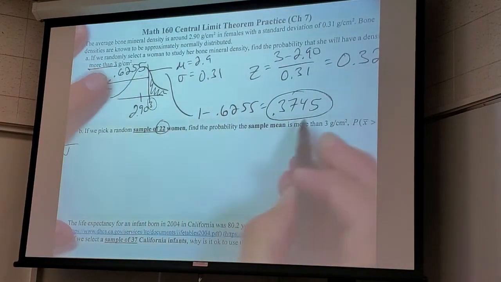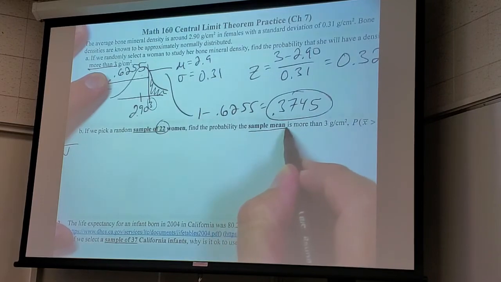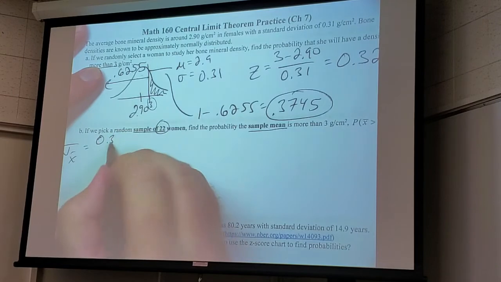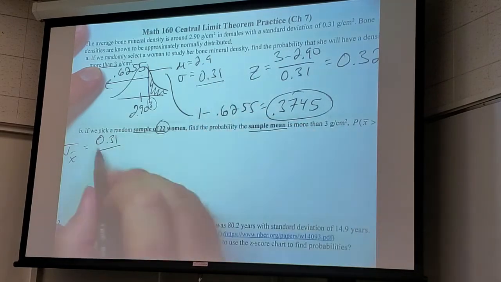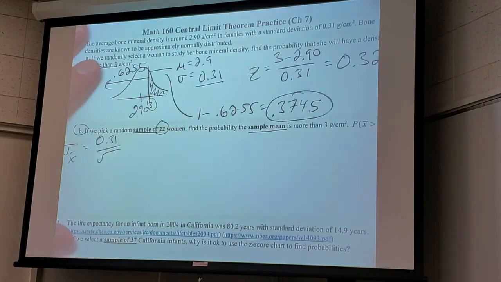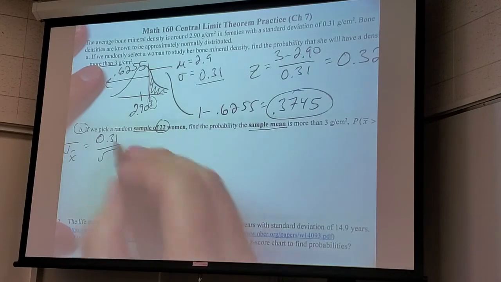So since I've got a group, you're asking about the sample mean of that group. First thing I've got to do is change this guy, because that's for individuals. It has nothing to do with part B now. Divided by square root of what? 22. 22, that's my n. I lock it.